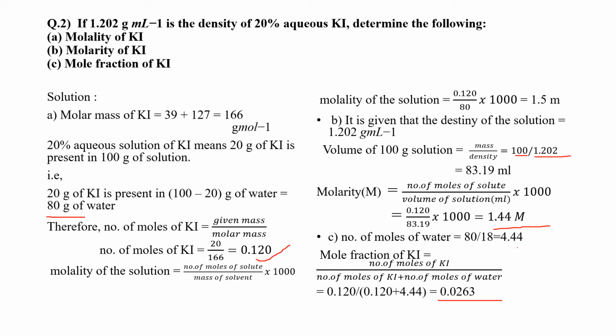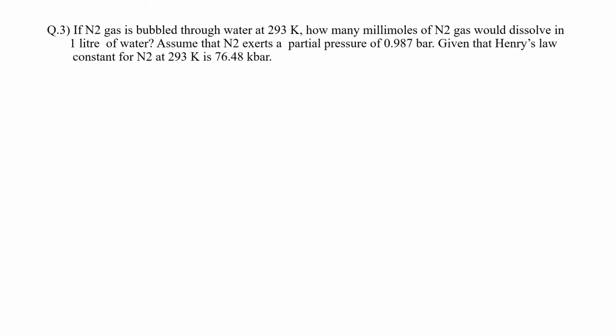Now come to the next question. Here is the question. If nitrogen gas is bubbled through water at 293 Kelvin, how many millimoles of nitrogen gas would dissolve in 1 liter of water?